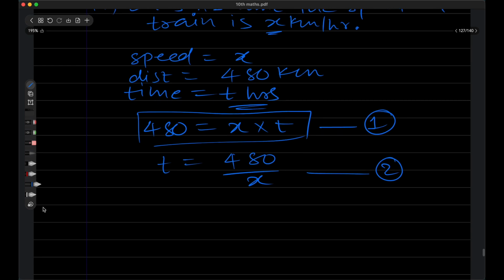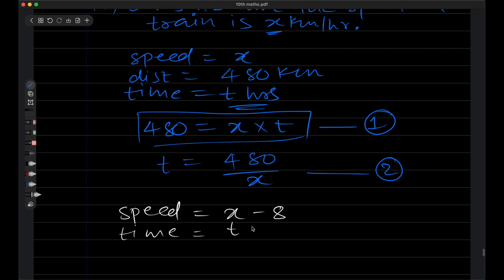Now if the speed would have been 8 km per hour less, we have initial speed x minus 8, then the time taken would be 3 hours more. Initially we have time t, now the time is t plus 3 if the speed is 8 km per hour less. The distance covered is the same, that is 480 km.